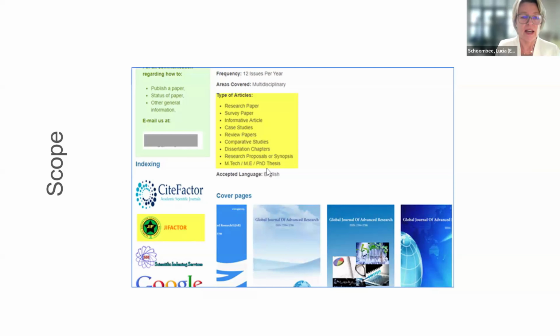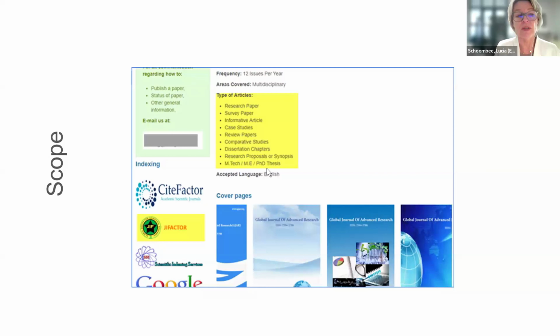And if you look at the yellow highlighted area, the types of articles that are accommodated within this journal range from a research paper to a dissertation chapter to a research proposal or a complete thesis, right? So this is very unusual.